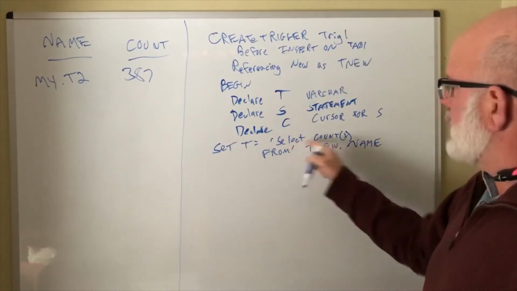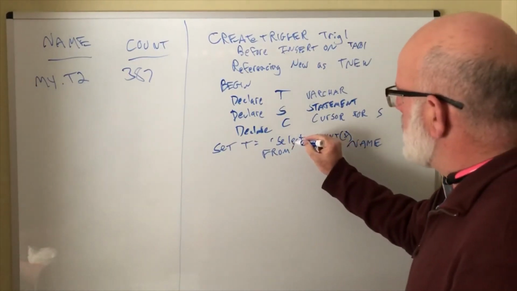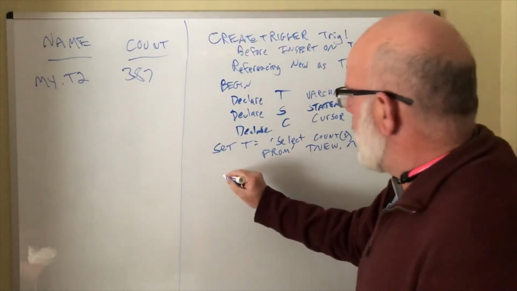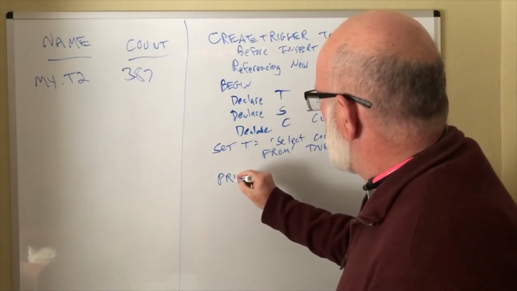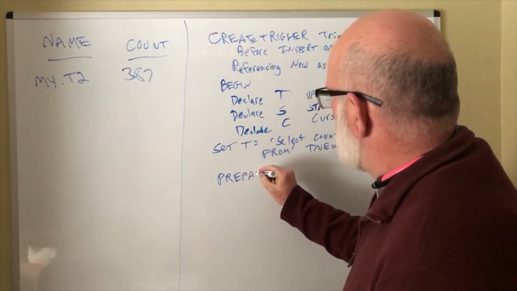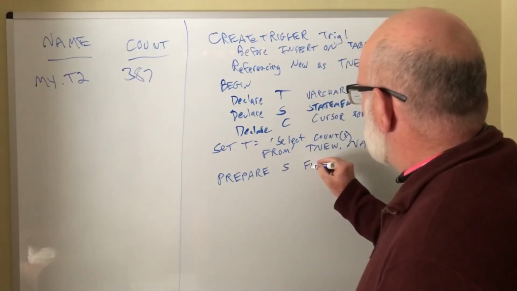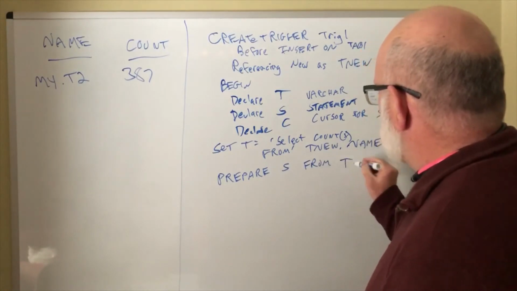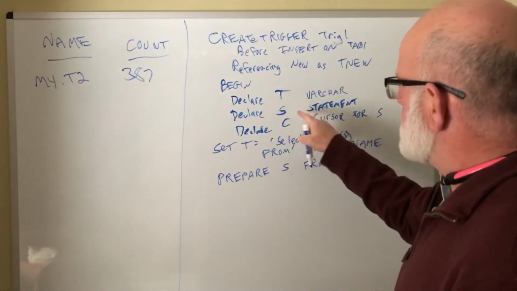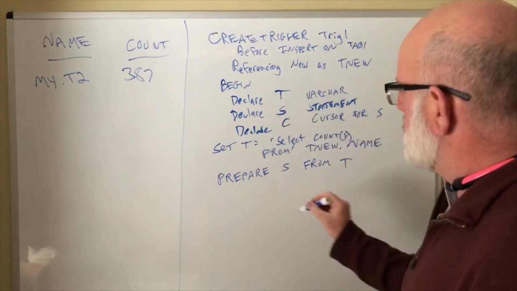So now we've created a dynamic SQL statement. We now need to prepare it. So we prepare the statement from the text, prepare S from T, the statement that we just built.